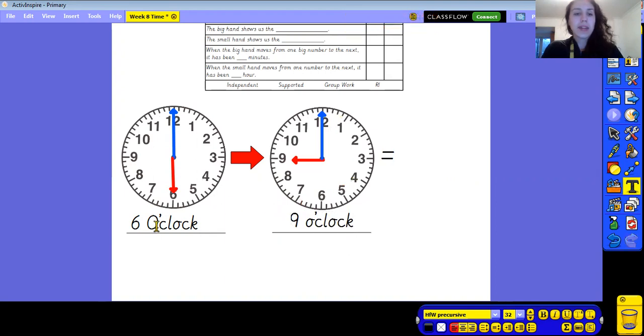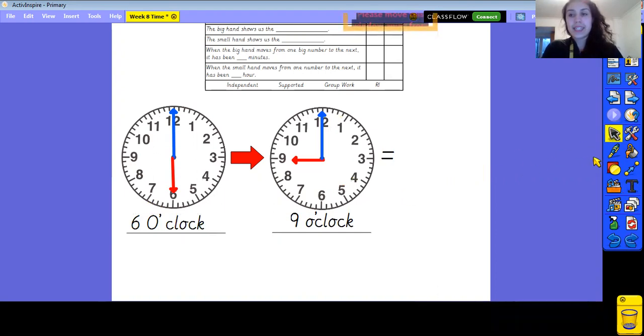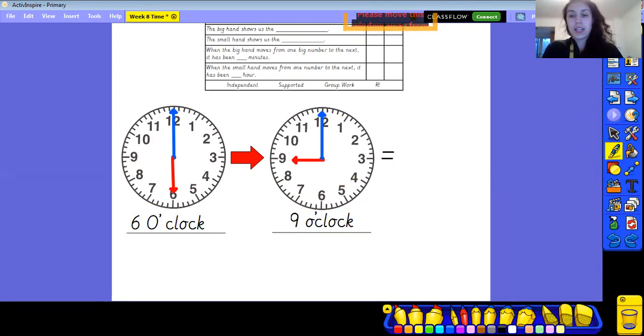Fantastic. Now, because they both say o'clock, we can see that the minute hand has made it all the way back round to where it started. So it's actually moved in full hours.